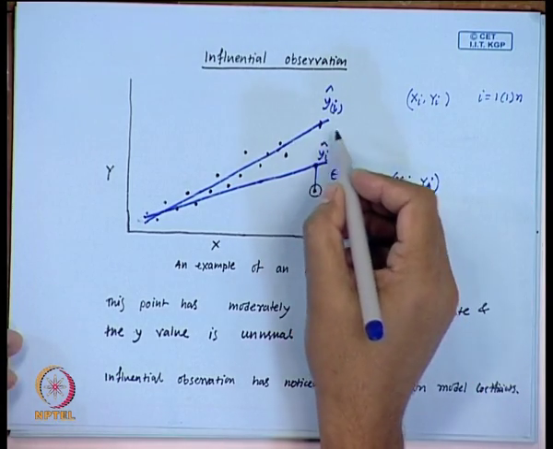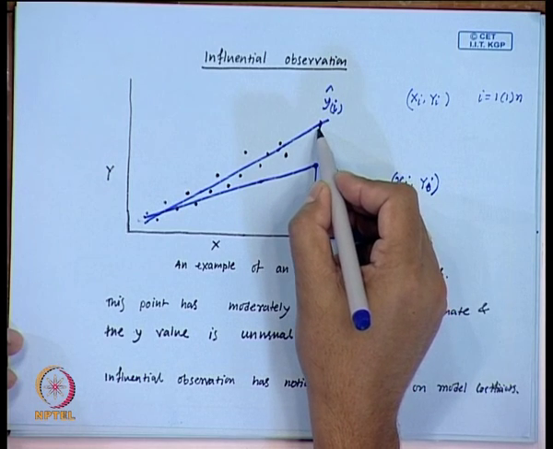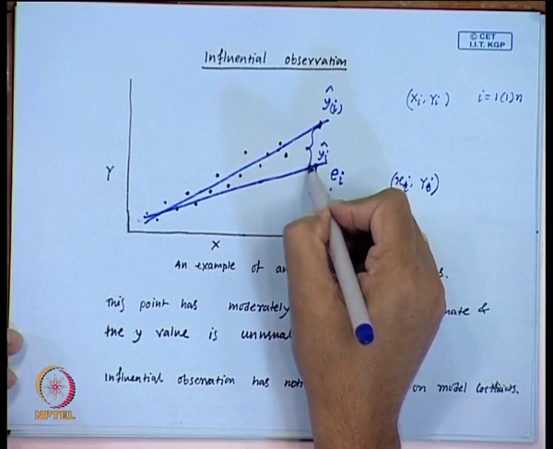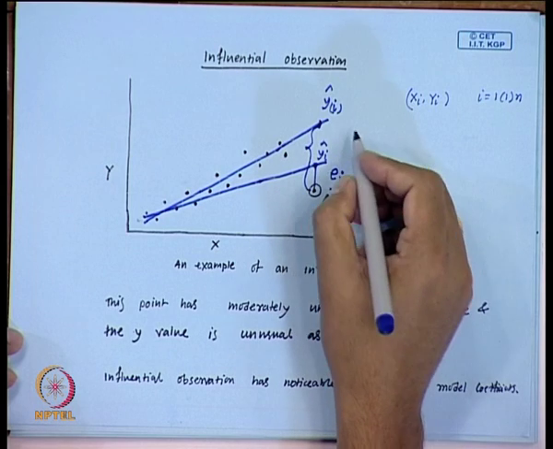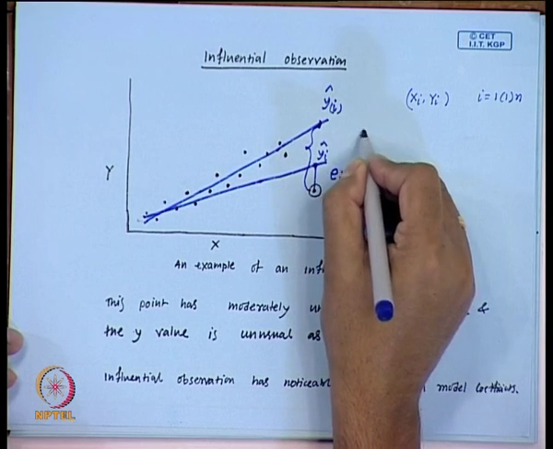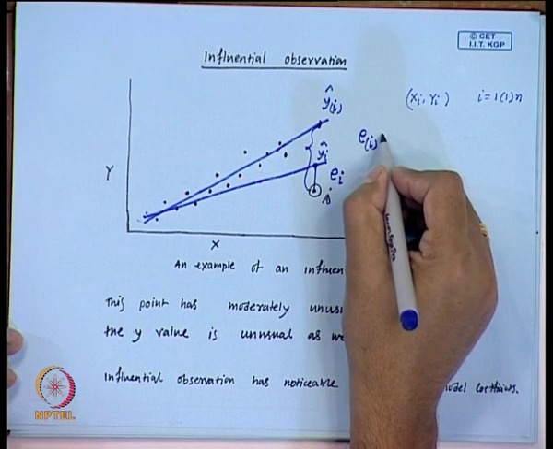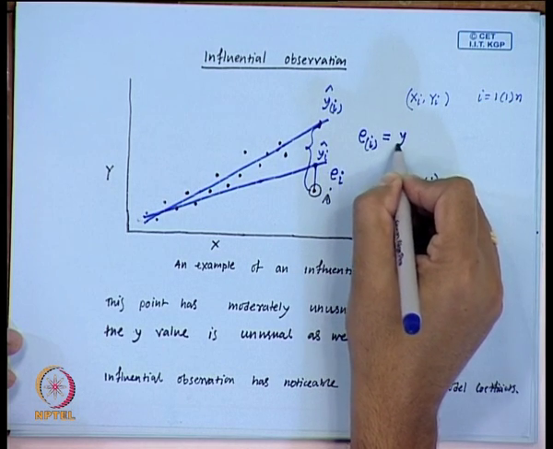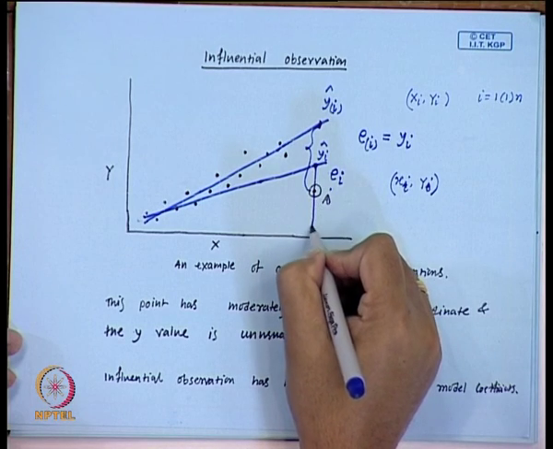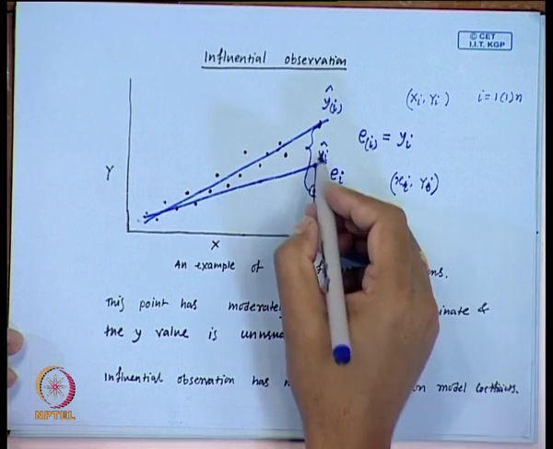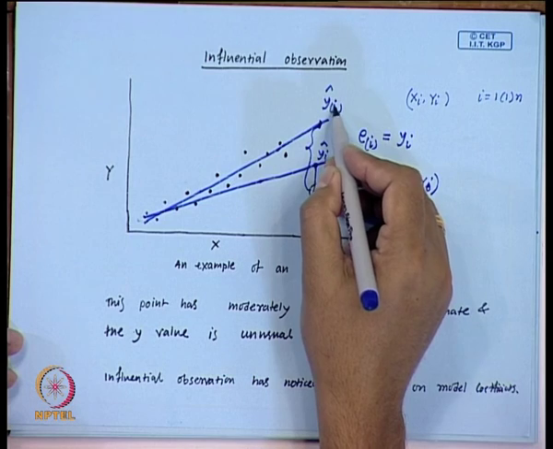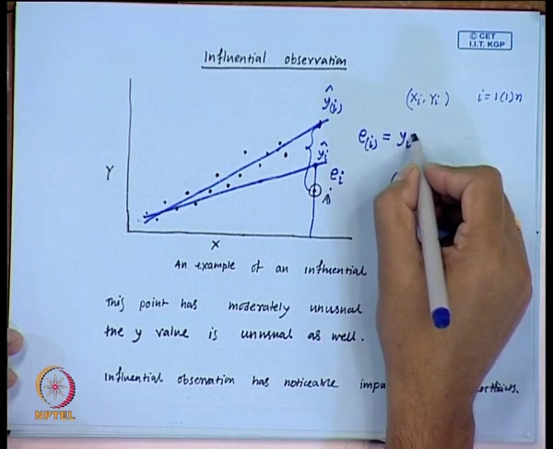Now my residual, the revised residual, which I call here E I bracket, is this difference. So, E I bracket is equal to y I, this is my y I, and this is my y I hat bracket I here.